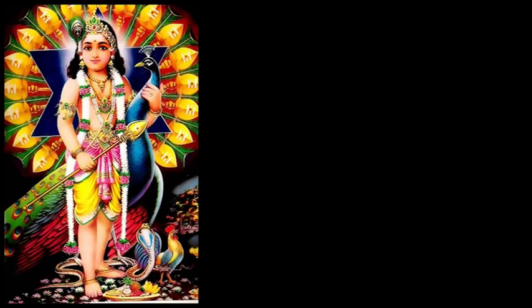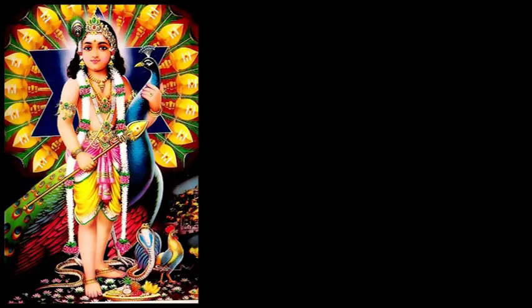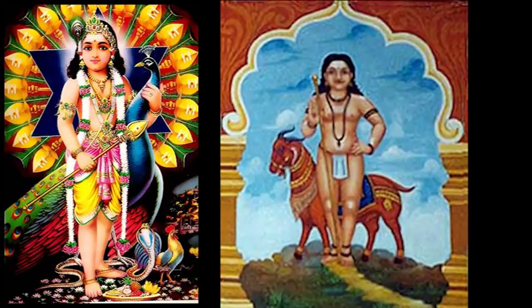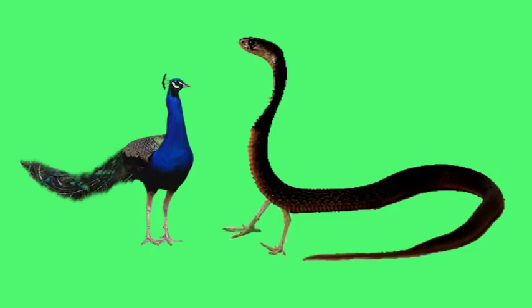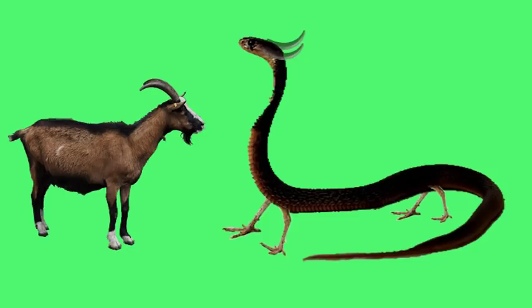We know that Murugan is associated with the snake representing his Kundalini power. Murugan as a war god was associated with the peacock, cock and goat. Using these animals, let us work out a new symbolic representation for Murugan. To Murugan's snake, add the two legs of the peacock, add two more legs of the cock, add the horns of the goat.